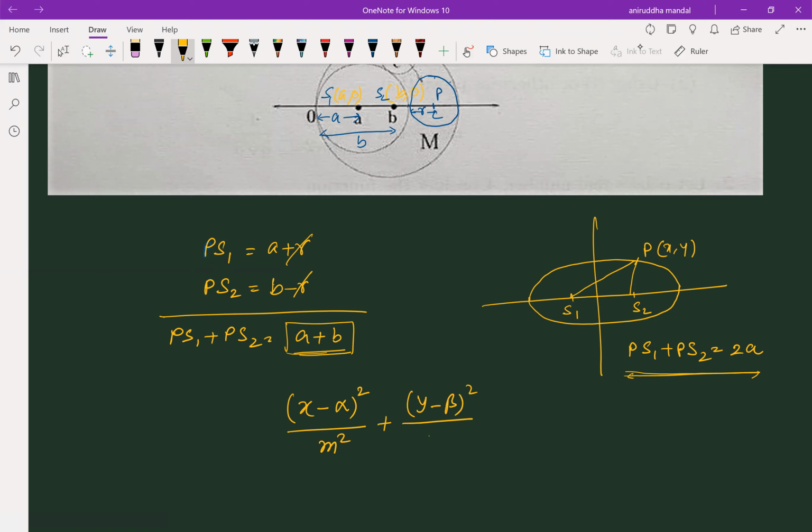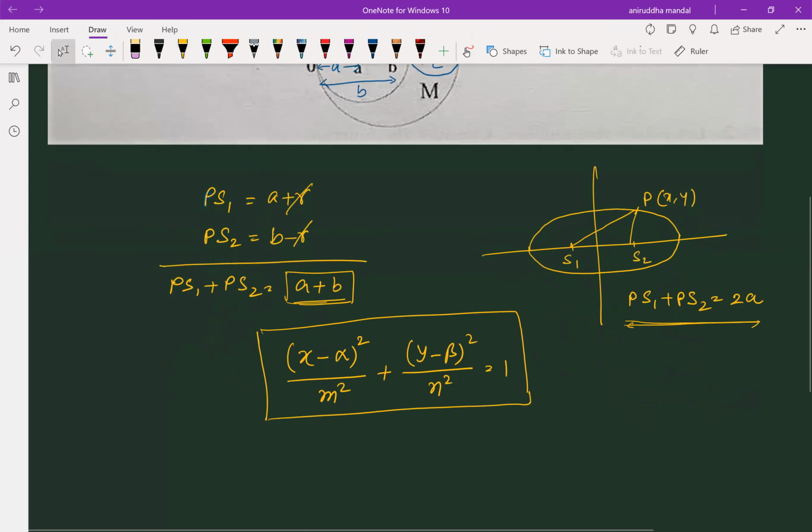So we are writing this general form of the ellipse. We have to find all the values alpha, beta, m and n. Now this m is the semi major axis and n is the semi minor axis. So according to this, 2m equals a plus b. So we get m equals a plus b by 2.